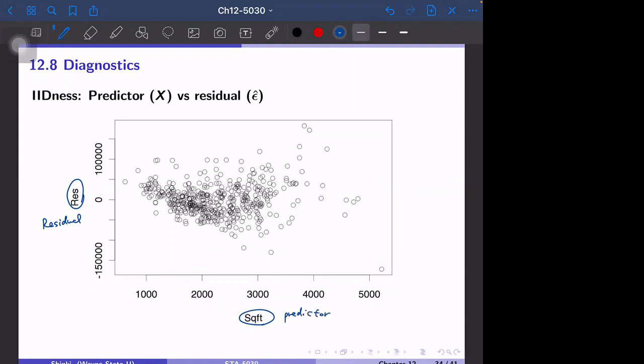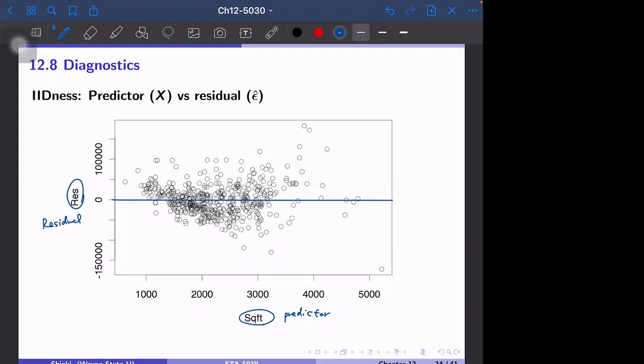Since errors are IID, it should not have any pattern. We have the line where the error is equal to 0, so errors are on average 0. This line is the center, but also the residuals should not have any pattern.